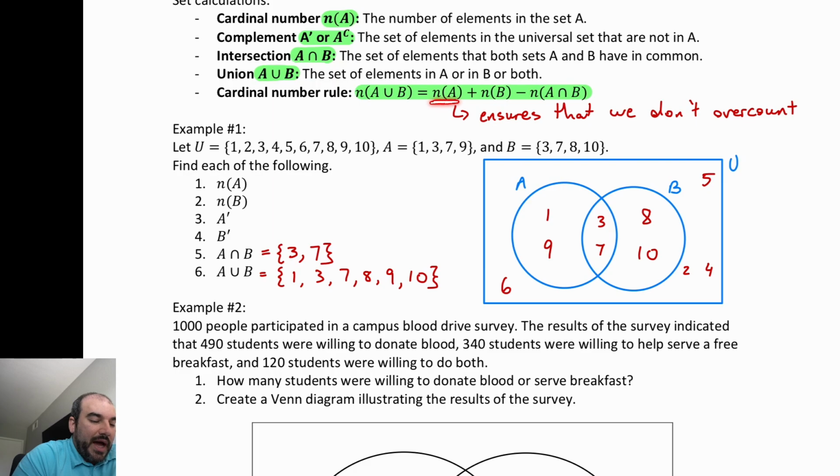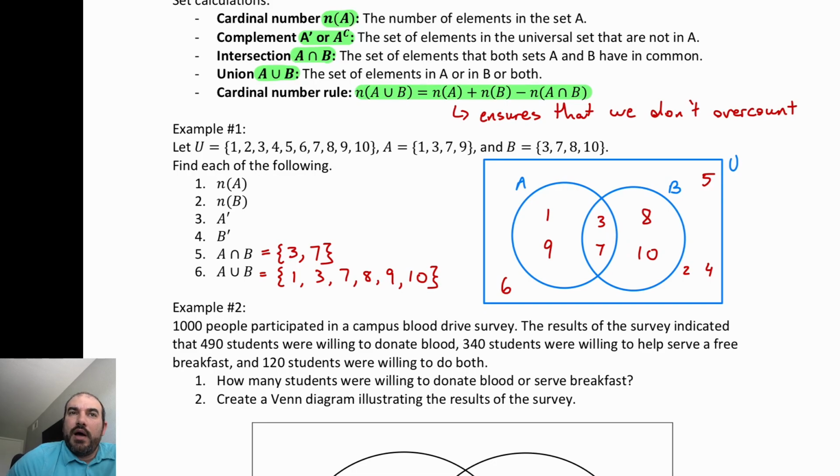We do add the number of A and number of B together, the 4 and 4 to get 8, but then because we counted these guys twice in that sum, we're going to subtract the intersection once. So the number of elements in this intersection, since they get counted twice, we need to subtract that number once so that we go back to just counting them once. So we'll count these guys exactly once as a result. Okay, so just make sure you don't make that mistake of adding blindly and counting certain things multiple times.